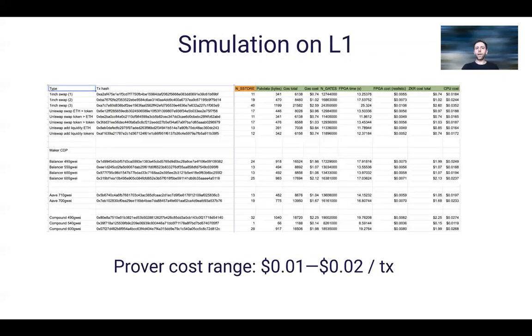And we actually have done a simulation where we took the transactions from L1 for some frequent DeFi use cases. We fetched the execution trace and we looked at what the prover cost will be in this case for us, with overall costs, with recursion, with the heavy operations, with the TinyRAM part of it. We came to prover costs of 1 to 2 cents for any transaction we analyzed, which is very doable.